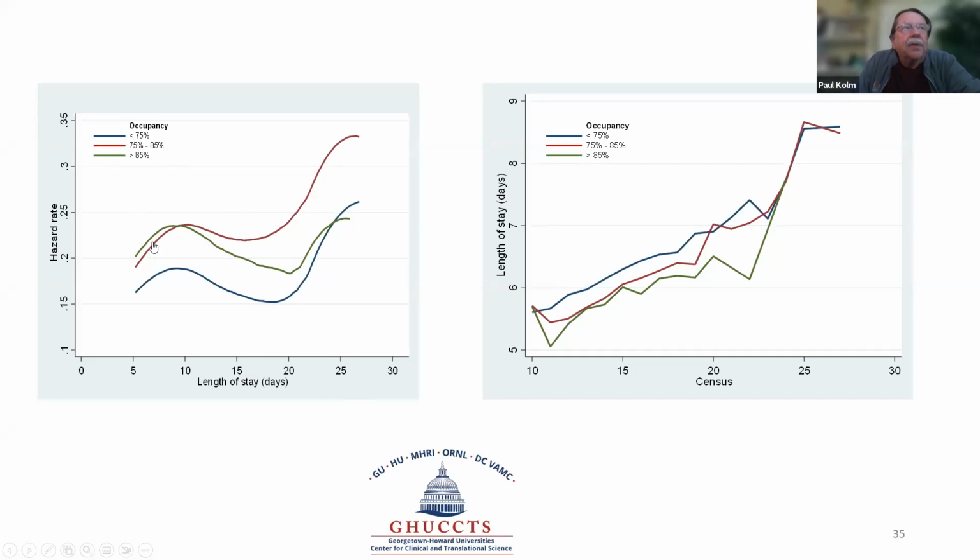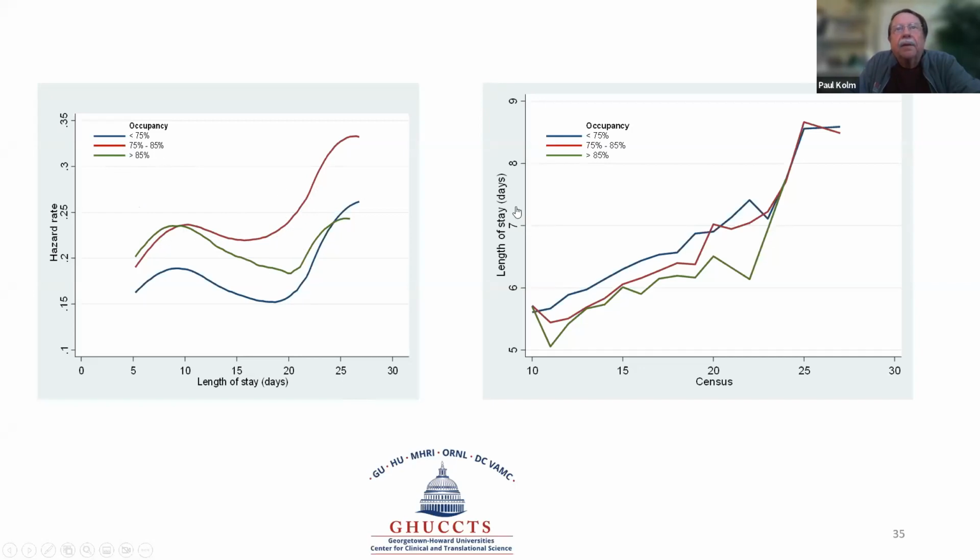And so you can see that the hazard rate goes up dramatically when length of stay is 20 some days, but more so when occupancy is between 75% and 85%.